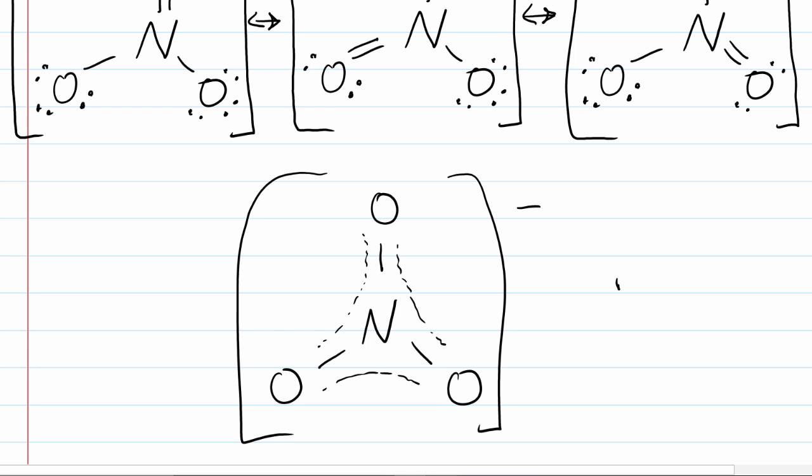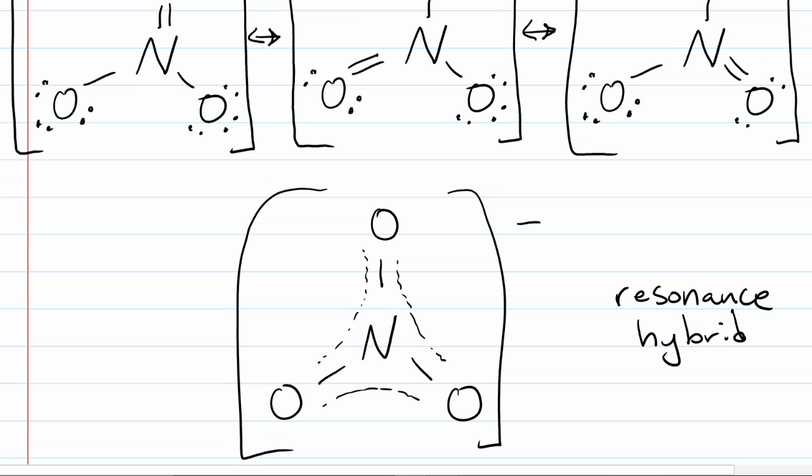This is what we often refer to as a resonance hybrid. And so a resonance hybrid is really a hybrid of the resonance structures, where these dots here, or the dashed lines, are representing the delocalized electrons. So again, the delocalized electrons are represented by the dashes that go through there.